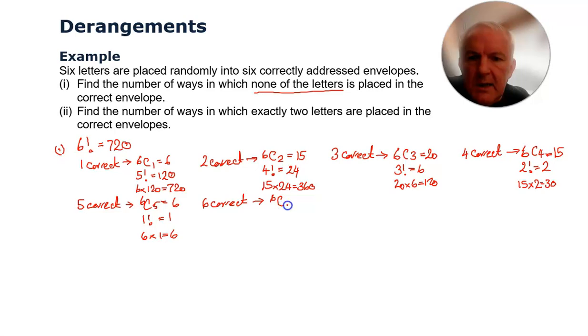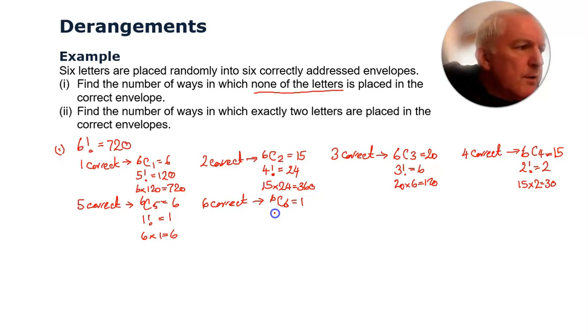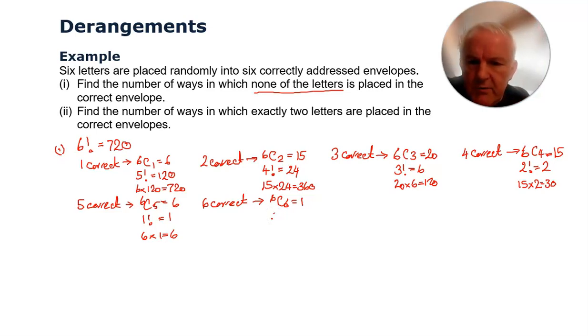This time, we got 6C0, I suppose. 6C6, which is the same thing as 6C0, but the wrong way around. So which is 1, which leaves, if I overcomplicated this, I should just really write this. Oh, this is 0 factorial. 0 factorial is 1. There you go. 1 times 1 is 1. I knew the answer was going to be 1, but I just couldn't remember how to get it then.